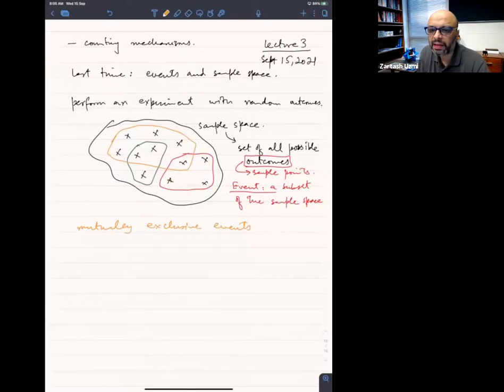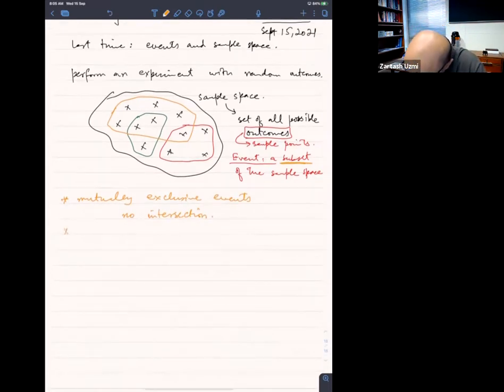And don't forget that an event is simply a set. एक subset होता है sample space का. So एक event जो है एक set होगा. So 2 events or 2 sets which are mutually exclusive means that their intersection is 0. The sets which represent those events have no intersection. So those would be mutually exclusive events.